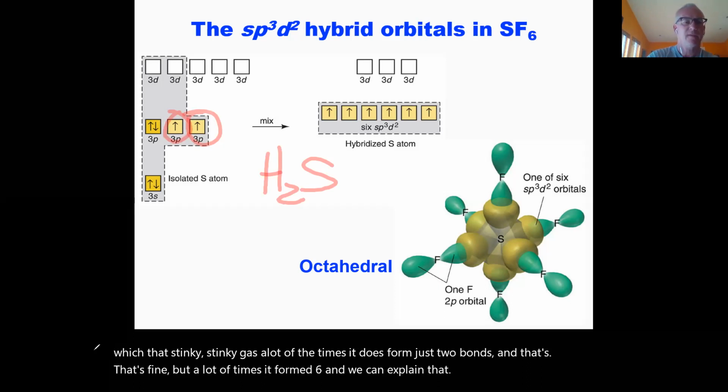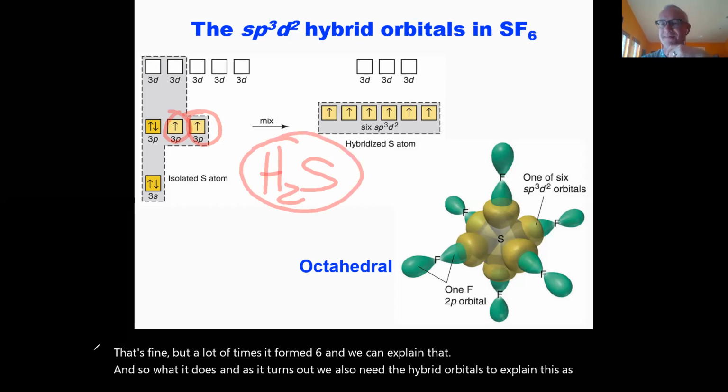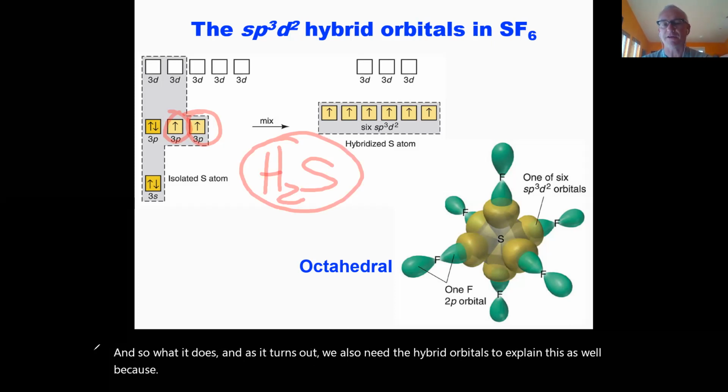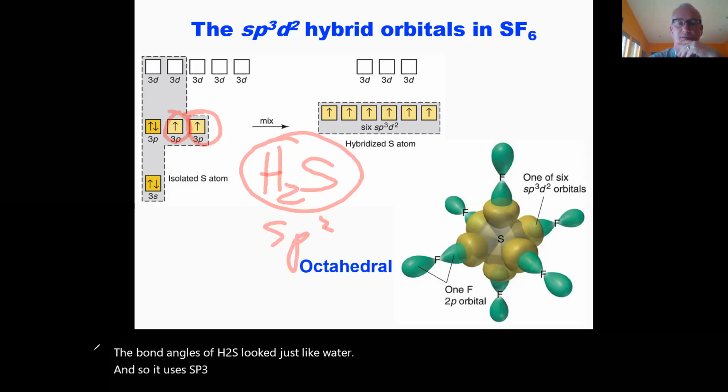And as it turns out, we also need the hybrid orbitals to explain this as well, because the bond angles of H2S look just like water. And so it uses sp3 hybridization for this, because it has 2 bonding pairs and 2 lone pairs.